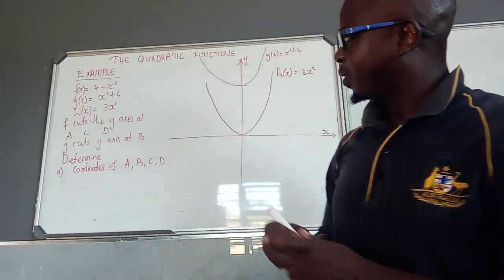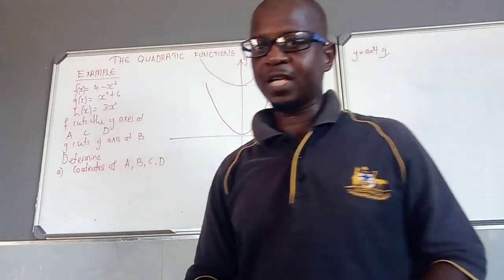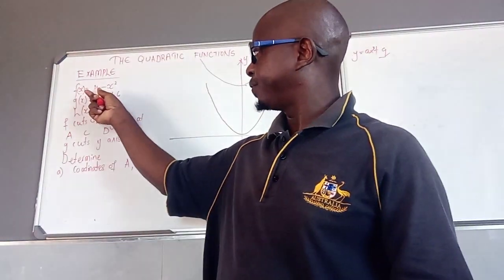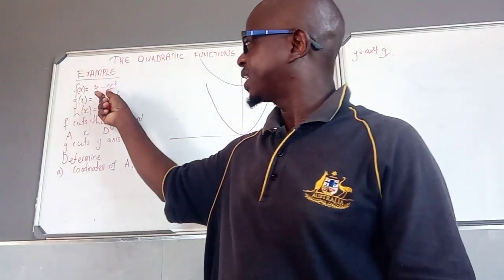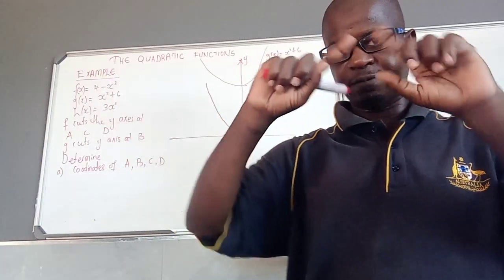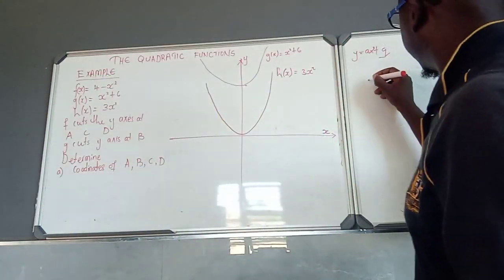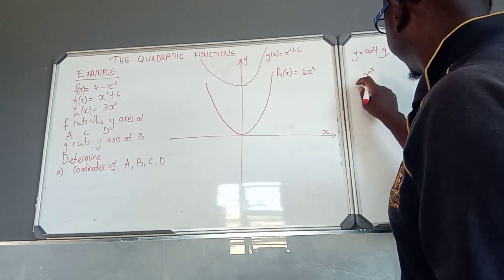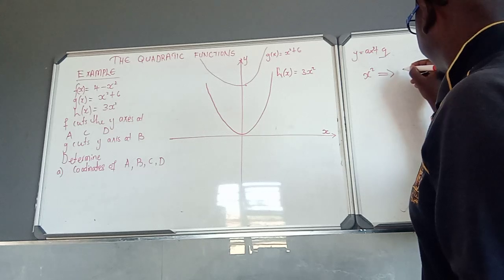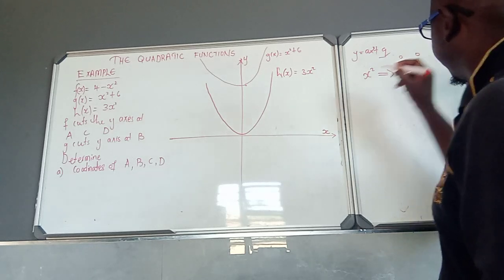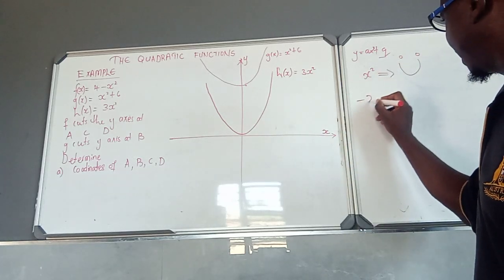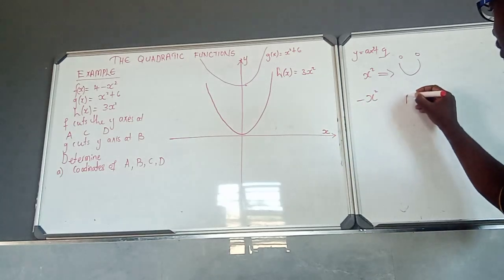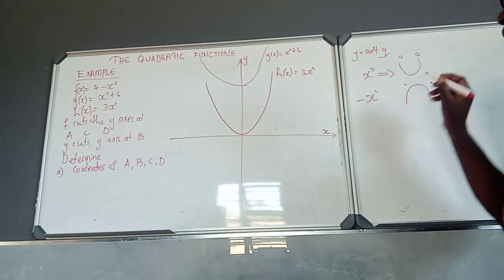And finally, we're going to have this one here, f of x. What does f of x say? We have 4 minus x squared. The minus here means that the graph is a sad graph. We talked about when we have x squared with a positive value, our graph is going to be a smiling face. But when the coefficient is negative, like this, our graph is going to have a sad face.